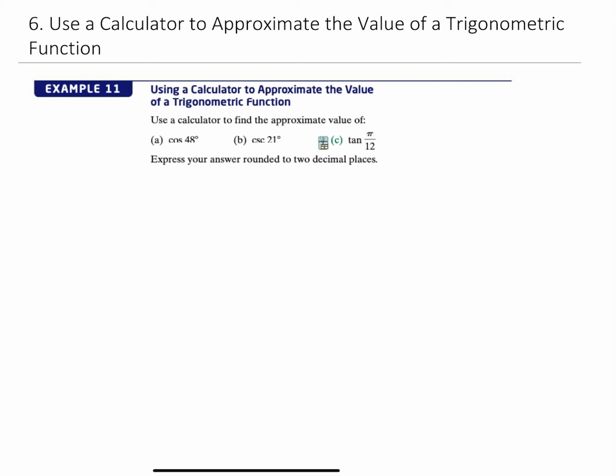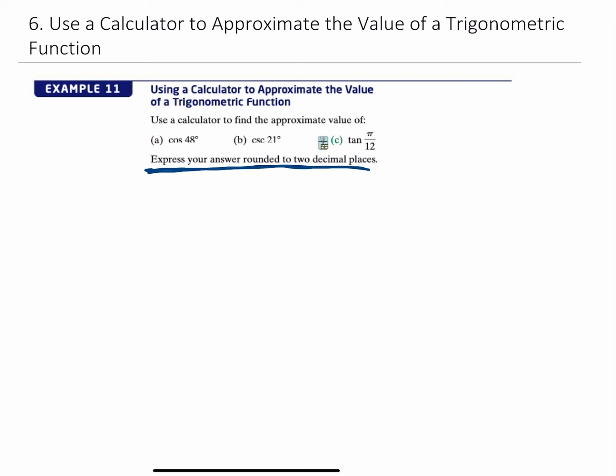If you see a homework problem that says express your answer rounded to a certain number of decimal places, that's a giveaway that you're going to be plugging into a calculator. If they say give the exact value, exact means you want to use the unit circle to get some value involving square roots.